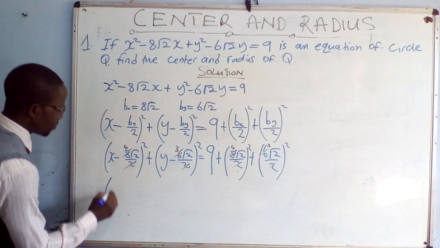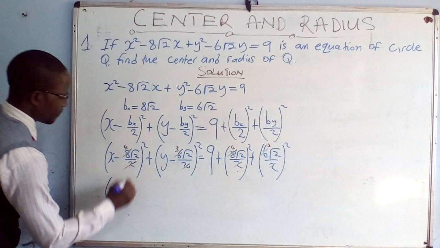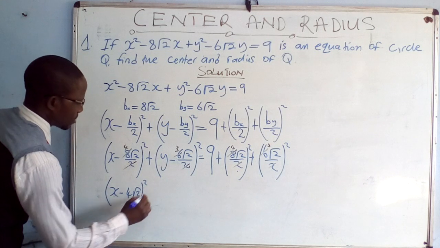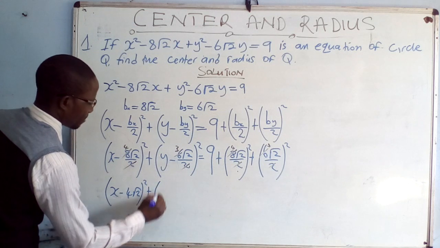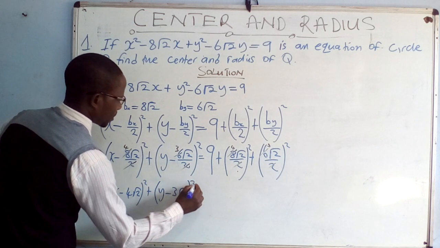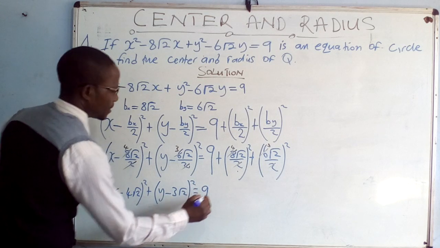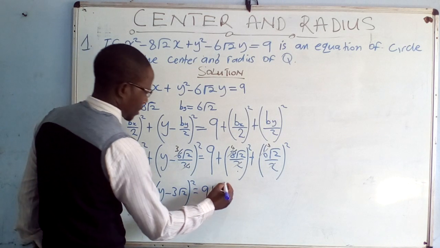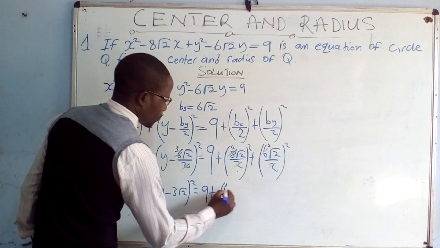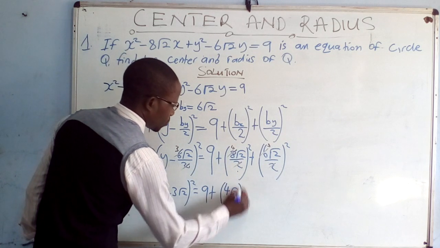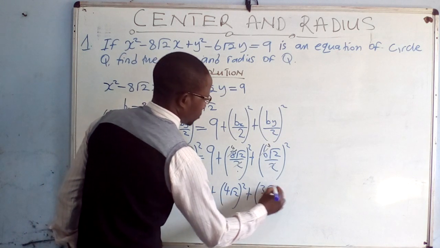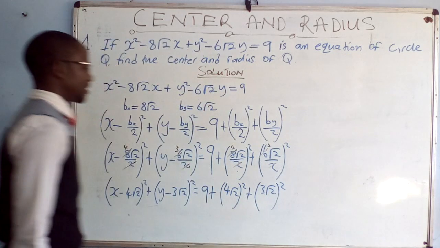At this point, we have x minus 4 root 2 to the power 2 plus, open brackets, y minus 3 root 2 to the power 2 equals 9, plus 4 root 2 to the power 2 plus 3 root 2 to the power 2, like that.